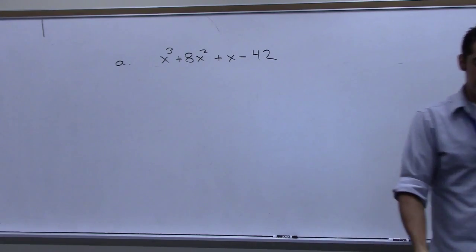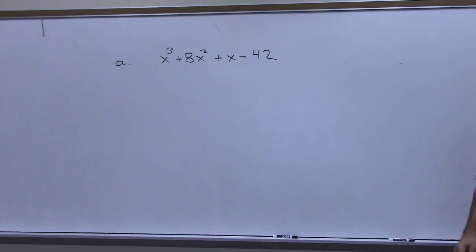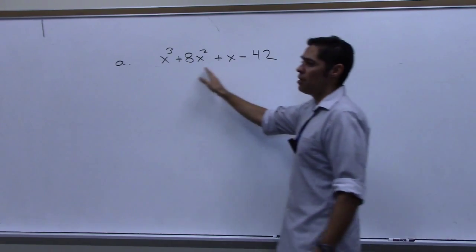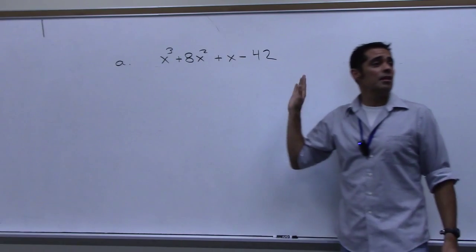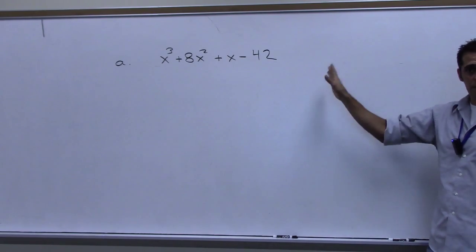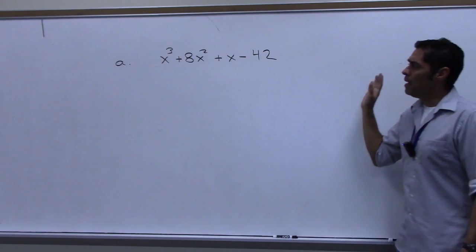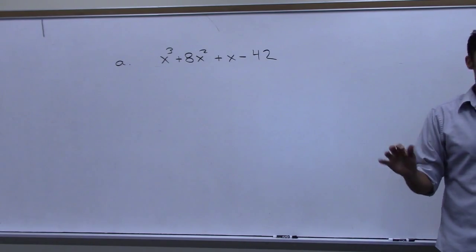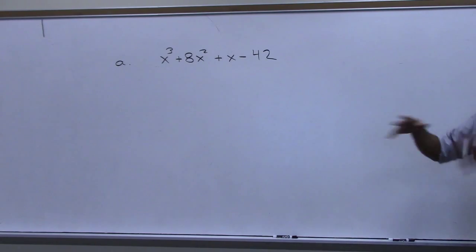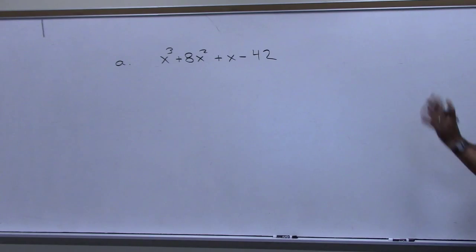All right, so here's the test in action. You have to set up a lot of things first. So you look at your polynomial that we're trying to factor. You make sure it's in descending order. We make sure we try and factor what we can right now, like, is there a GCF? We go through all the different techniques. We realize there's nothing we can do to that.